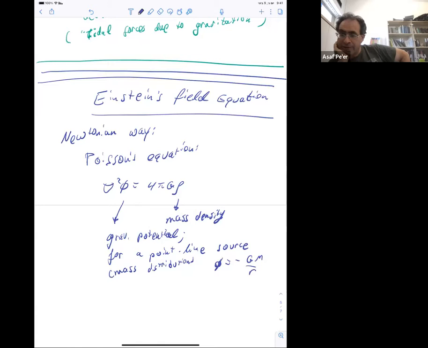But again, this is for a point-like source. We're not limiting ourselves to any point-like source. It can be any configuration of masses and densities. And the nabla squared phi is just 4 pi G rho. This is the equation of gravity.